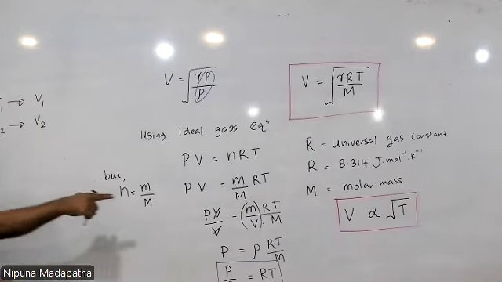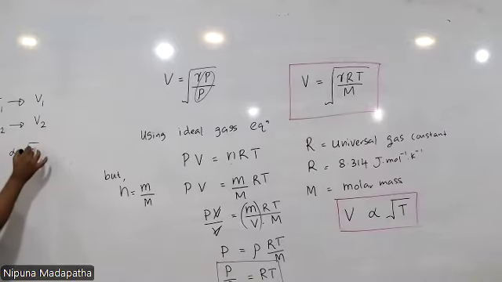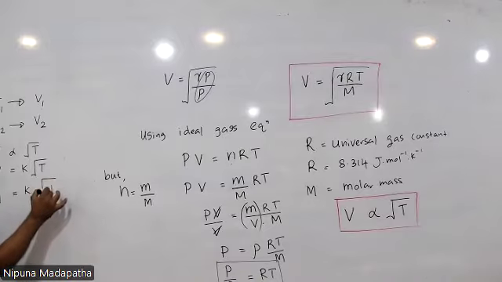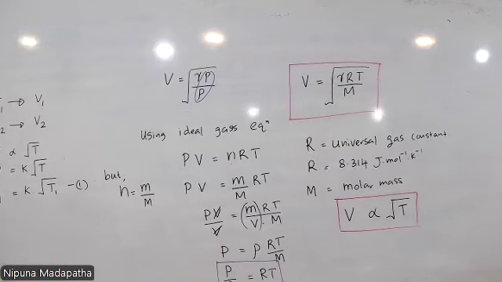Speed of sound is directly proportional to the square root of the absolute temperature, which means V equals a constant times square root of T. In the first case, V1 equals constant times square root of T1. Let us take it as equation 1. For the second occasion, V2 equals K square root of T2.